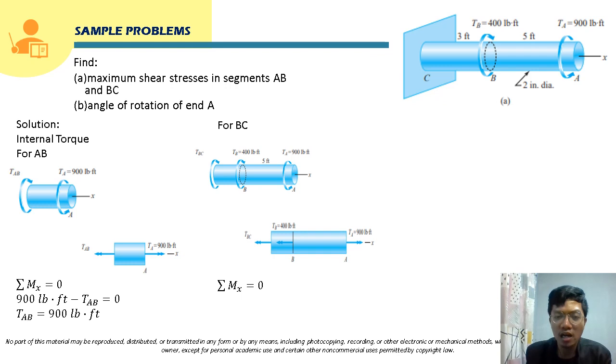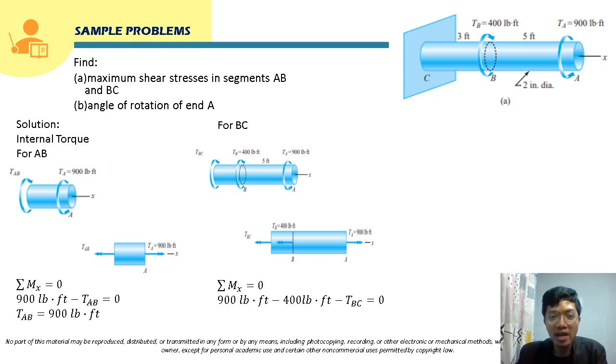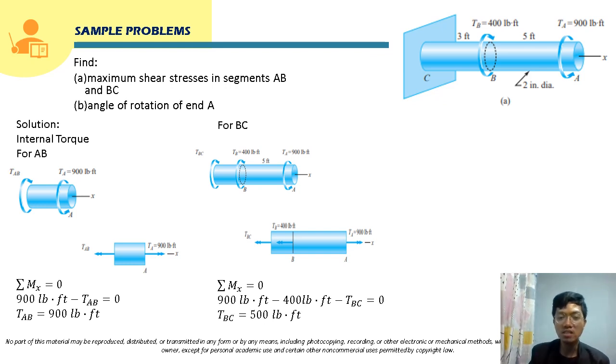Summing up these torques to solve for the internal torque TBC: 900 pound-feet will be positive since that is counterclockwise. For 100 pound-feet, that will be negative since that is clockwise, and negative TBC since that is also clockwise. This will be equal to 0 since this is in equilibrium. Solving for TBC, the internal torque at segment BC, that will be equal to 500 pound-feet.